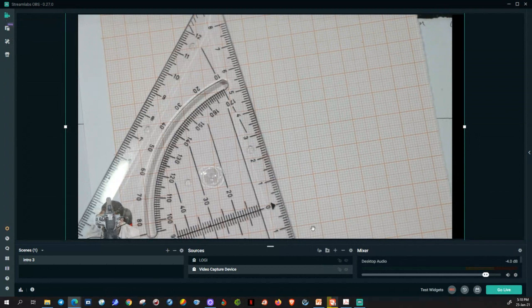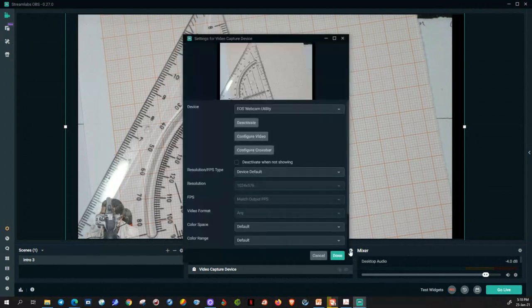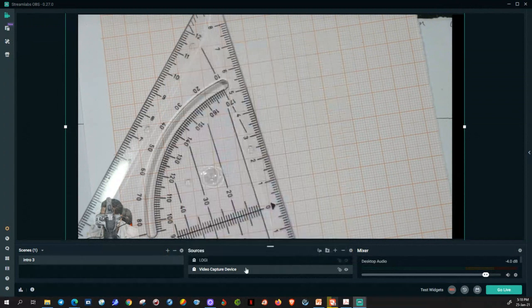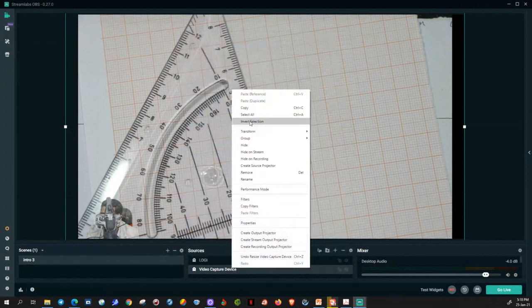Now, let me try. I'm trying to make this really full screen. This is my streaming software, by the way. Let's see. Project. I couldn't see the project because if I go live here, this will be projected on Twitch. Output projector.